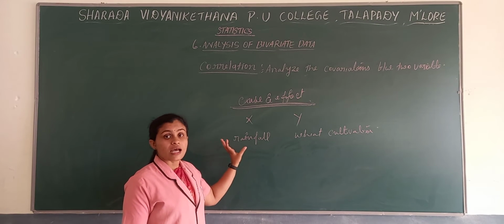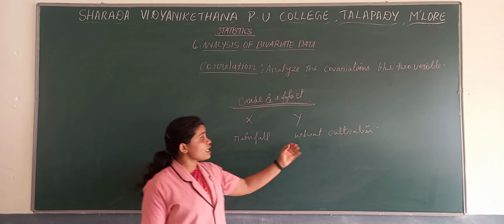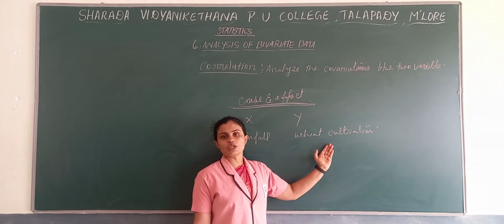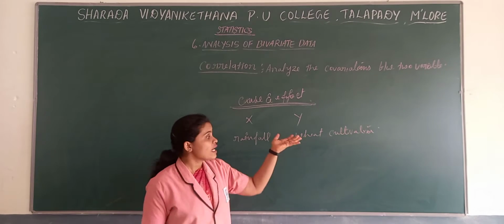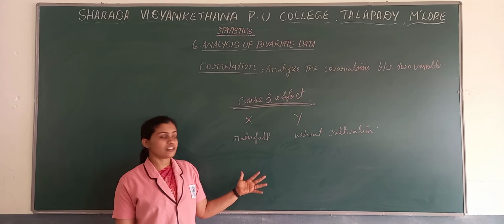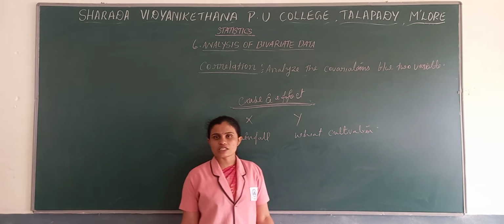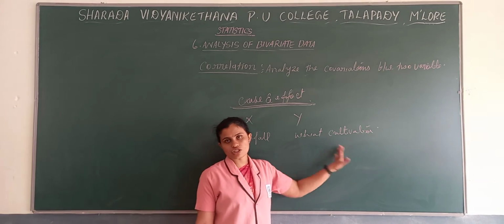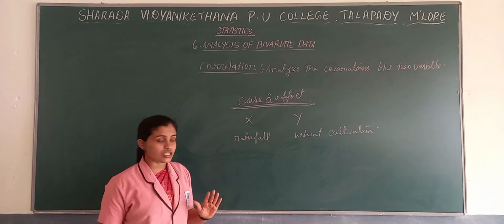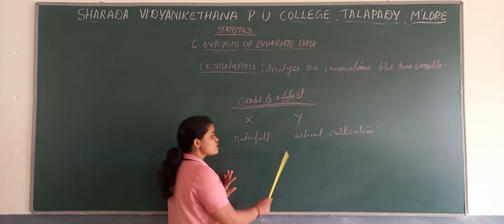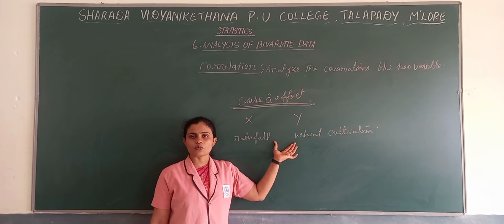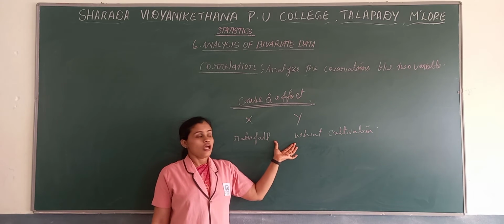This is a cause, and depending upon this cause, we get some effect. If rainfall increases, wheat production also increases. If they do not get the amount of rainfall they need, there will be a decrease in the production of wheat. So there is an interdependence relationship between these two variables.